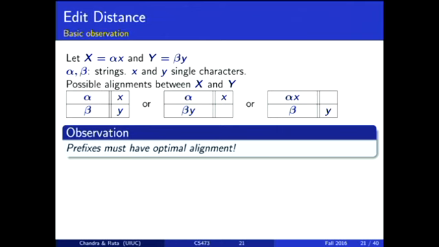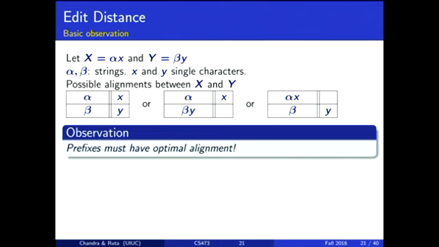Well, it can look like this: I align x with y and then somehow map alpha to beta, or I map alpha to beta y and I basically delete x, or I can insert y and somehow align alpha x to beta. So those are the only three possibilities, right?